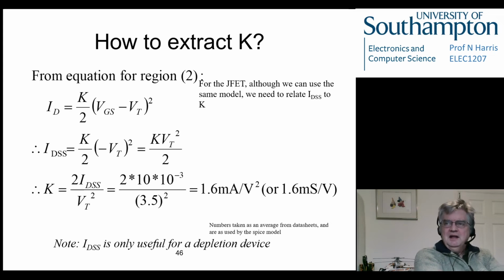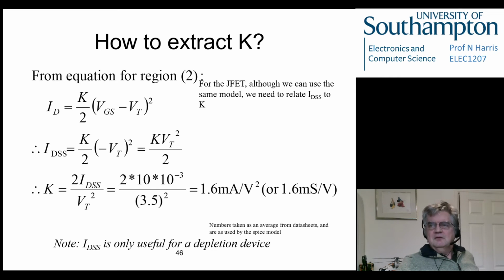So how do we get K? So we go back to our equation for region 2, the flat region, not the linear region, and we've got that equation there. And we can start to make substitutions. So we know that when ID equals IDSS, that VGS equals 0. So all we've done is change this to IDSS, and we've defined this as being 0.